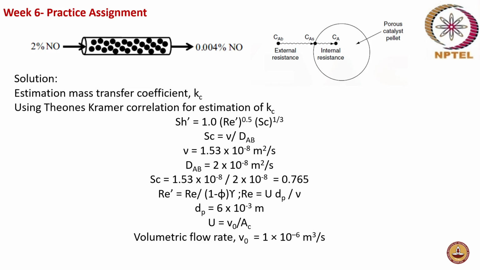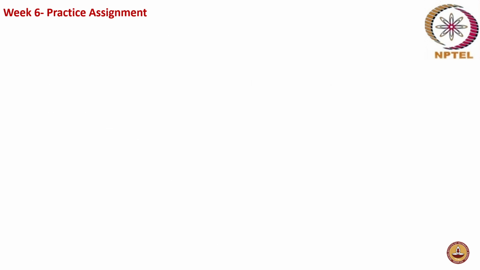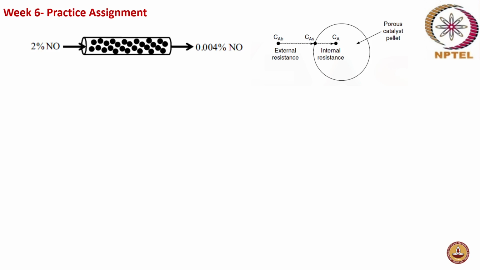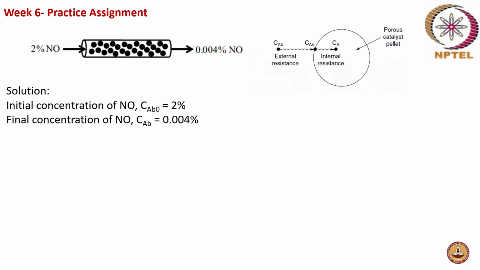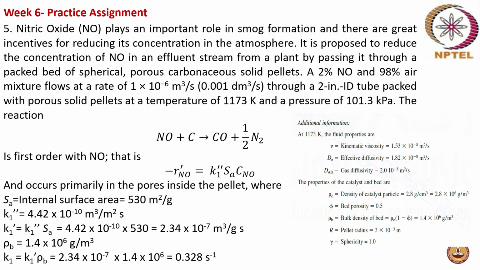Yes. If you look into the question, they have given that the mixture flows at a rate of 1 into 10 power minus 6 meter cube per second, that is nothing but 0.001 decimeter cube per second.